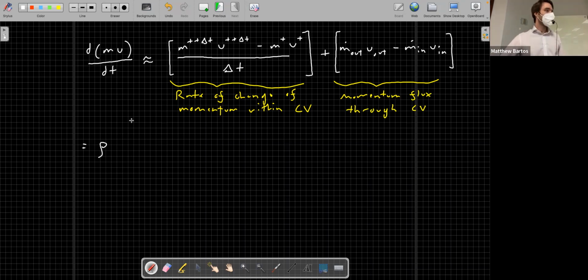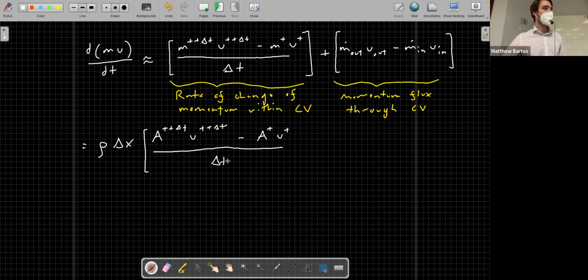We have that the mass is equal to the density of the fluid times delta x times the area, cross-sectional area at time t plus delta t, times the velocity at time t plus delta t, minus the area at time t times the velocity at time t, all over delta t. And then we can factor out the density here as well.